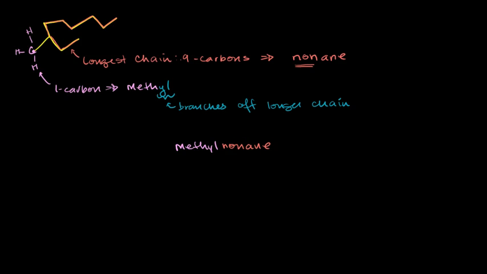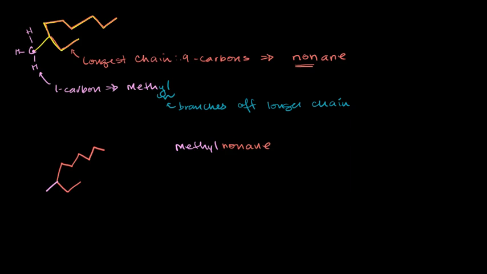Let me draw it. This thing I just drew here is 1, 2, 3, 4, 5, 6, 7, 8, 9. So that's the nonane, and the methyl is right over here. That's what I just drew.